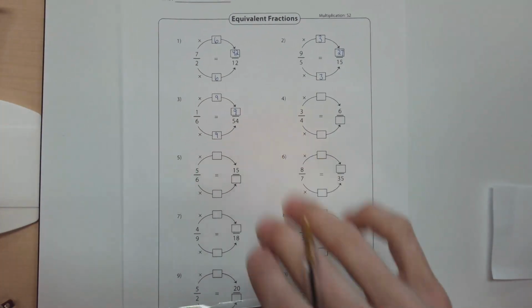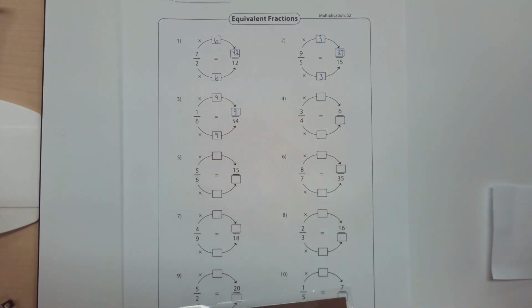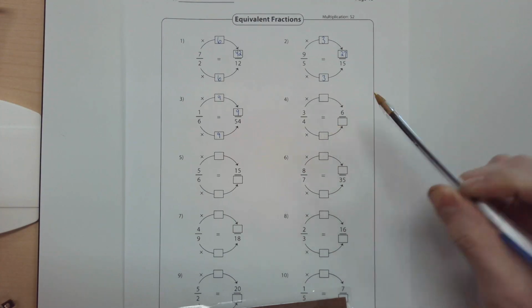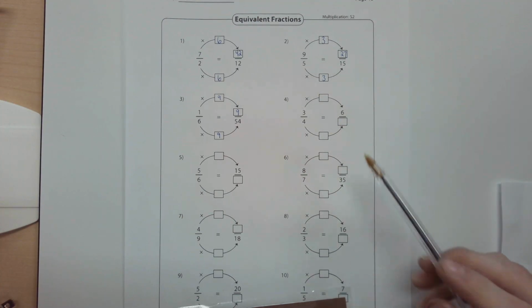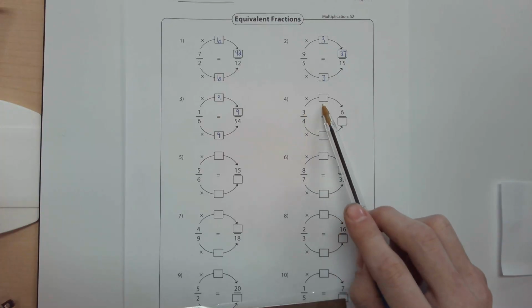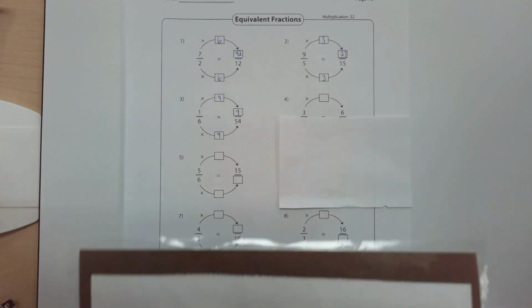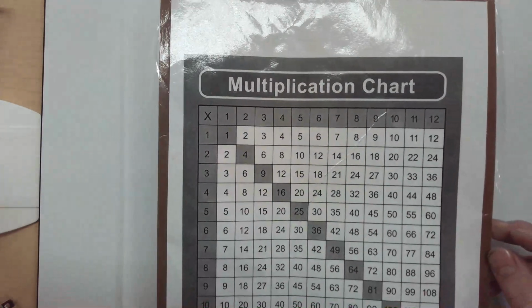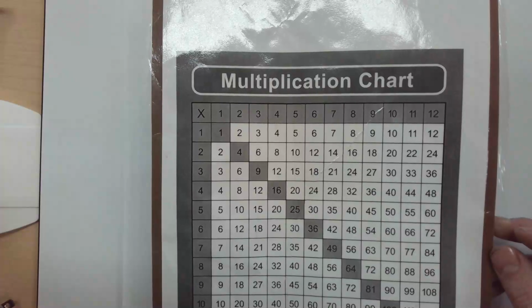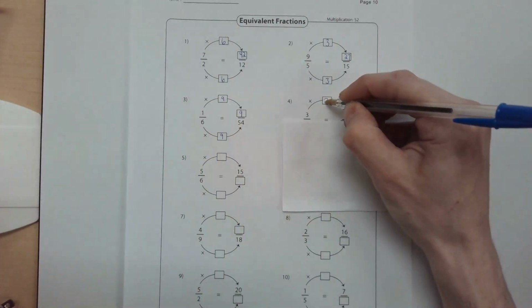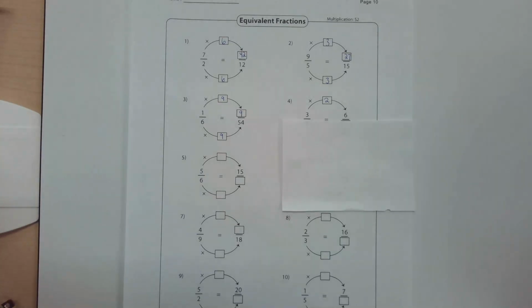Number 4. Where do we start? We're not starting with the bottom. Let's start with the top. 3 times a number equals 6. What is that number? 3 times 2 equals 6.